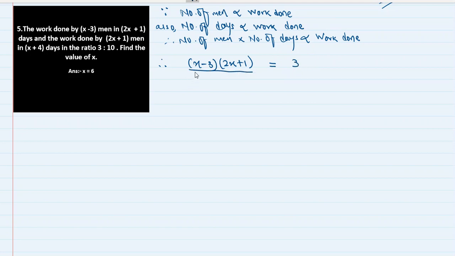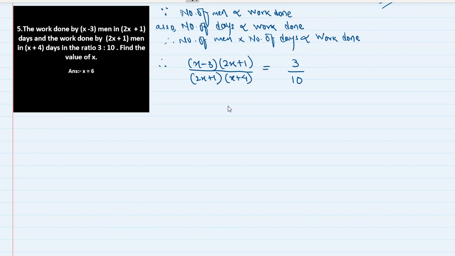And if we have 2x plus 1 men working for x plus 4 days, then we get the ratio of the work as 10 ratio. So in both the cases, if we multiply the number of men and number of days, we get the respective ratio of the work done.